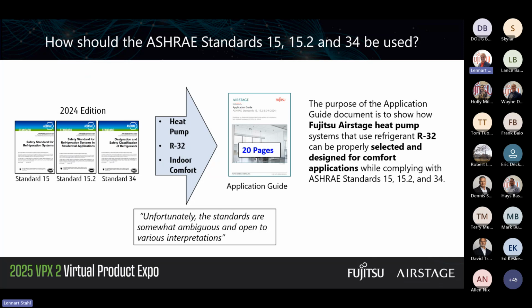There's a lot of information in them, kind of spread out. So we took the interesting stuff, the heat pumps, the R32, and the indoor comfort, because that's what we are working with. That's what Fujitsu has. And then we put that in a 20-page document, an application guide, that you're going to get the QR code for at the end of the presentation, so you can go and download it from our site.